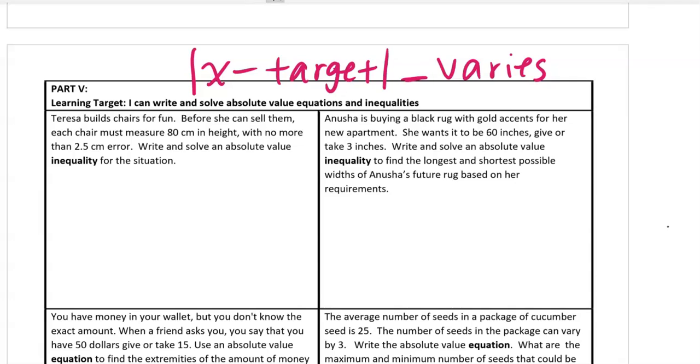Teresa builds chairs for fun. Before she can sell them, each chair must measure 80 centimeters in height with no more than 2.5 centimeter error. Write and solve an absolute value inequality for this situation.